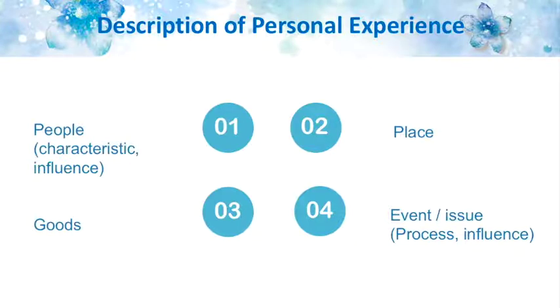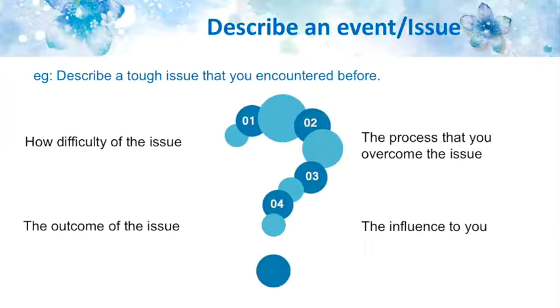If you are given a topic about an event or issue, you will have to describe the process of the event or issue, then indicate the influence on you. For example, if the question asks you to describe a tough issue that you encountered before, you can describe how you overcame an academic difficulty.